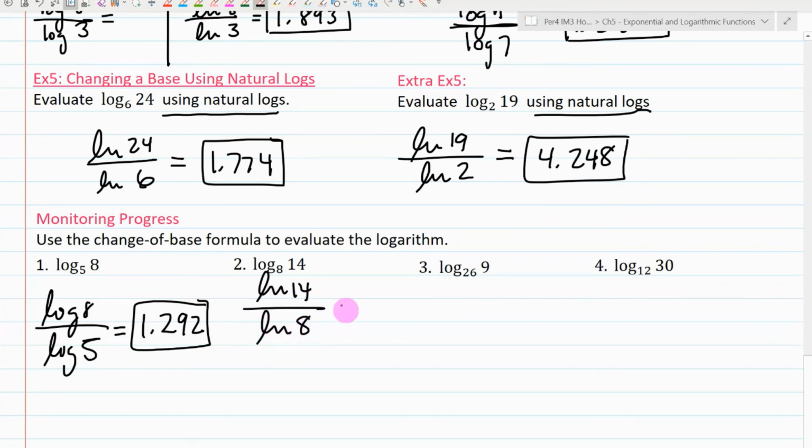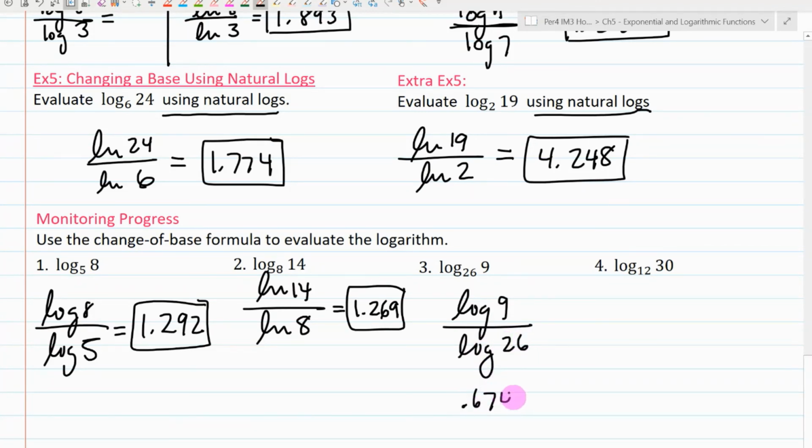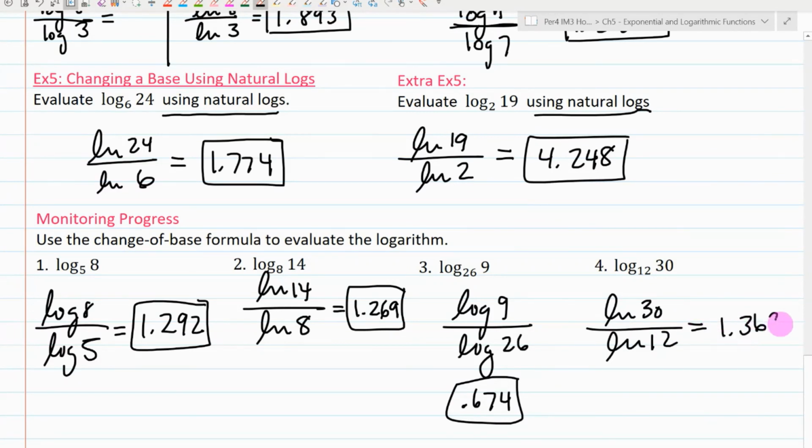You can use natural log or log, it doesn't matter. Log of 9 over log of 26. And then for the last one, you should get 1.369. So hopefully this section seemed easier. You have to use your calculator a lot, and that covers section 5.4.